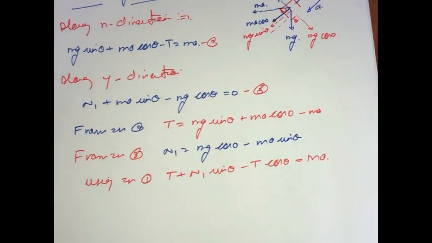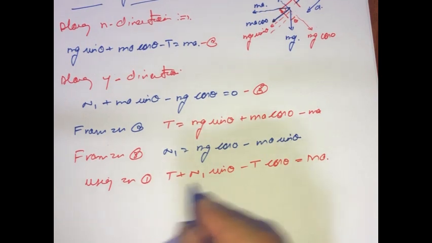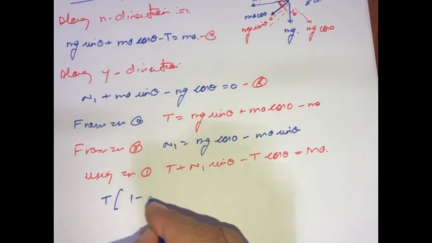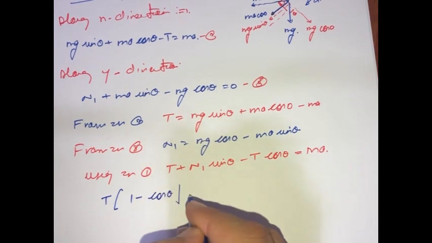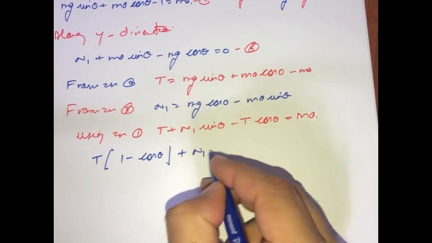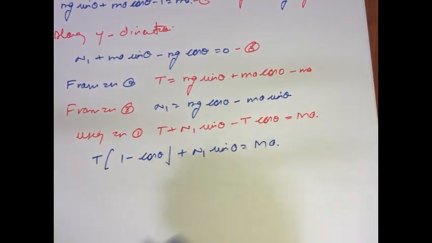Let us combine these two things. We take T as common, so we get T times 1 minus cos theta plus N1 sin theta is equal to ma.